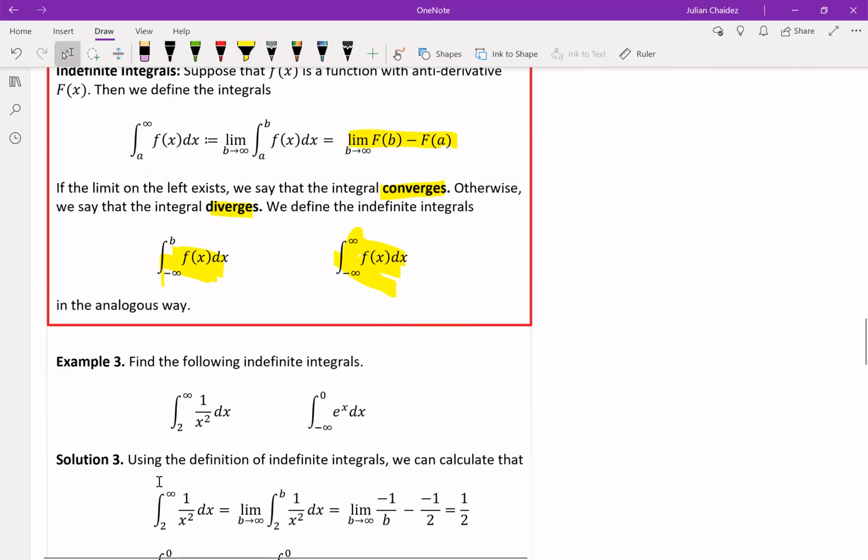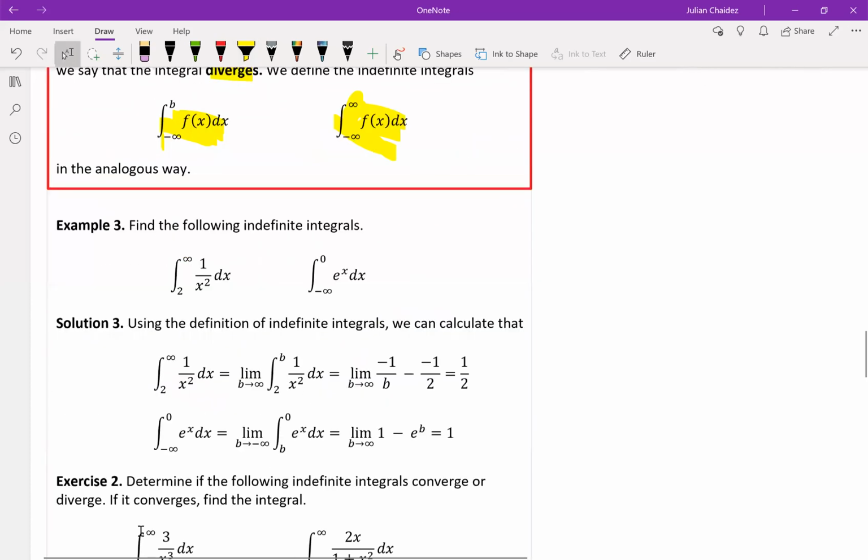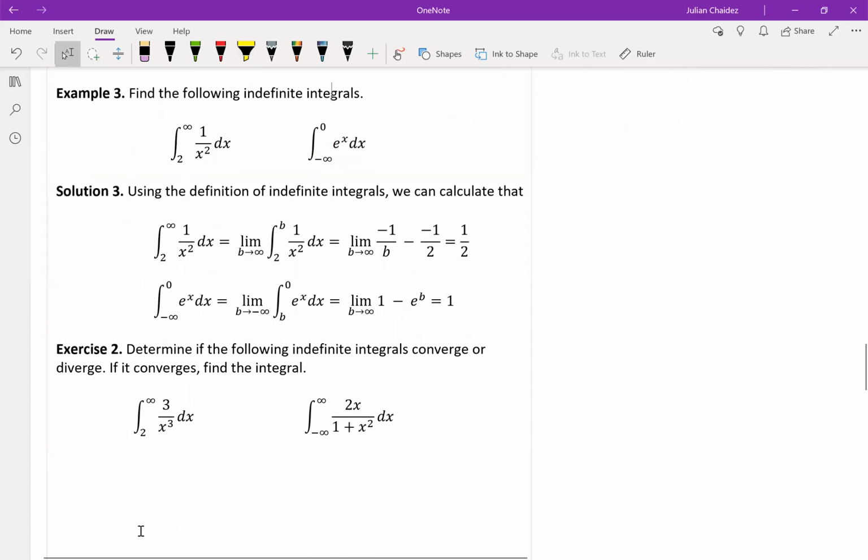All right, so let's do some examples. An example of the kind of question here would be: find the integral from 2 to infinity of 1 over x squared, and find the integral from negative infinity to 0 of e to the x. These are two different improper integrals.